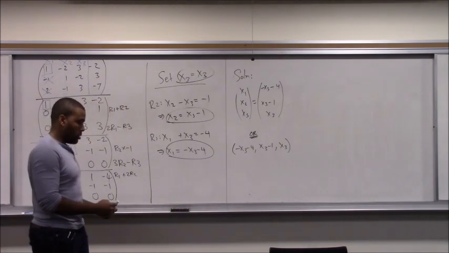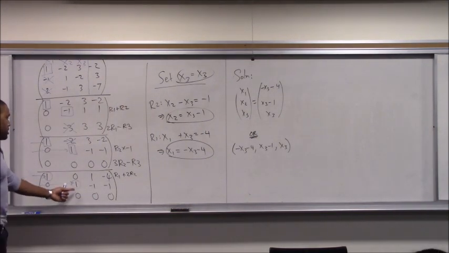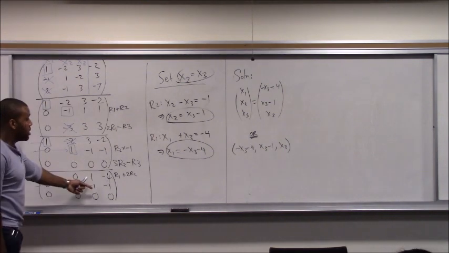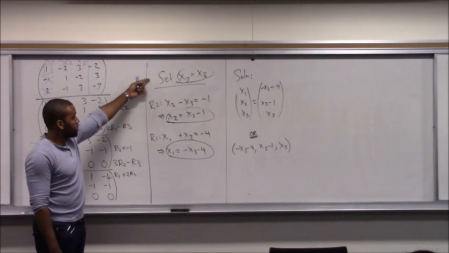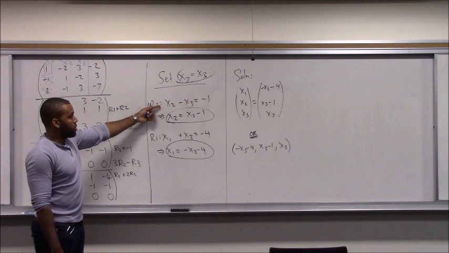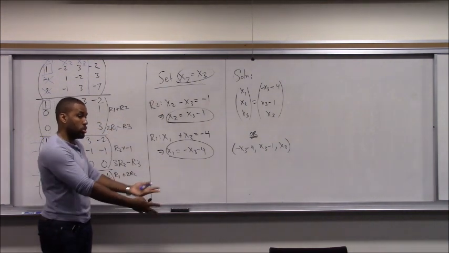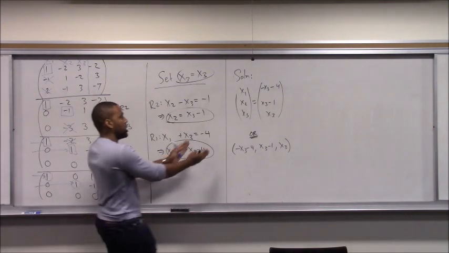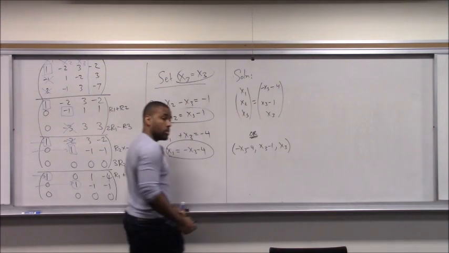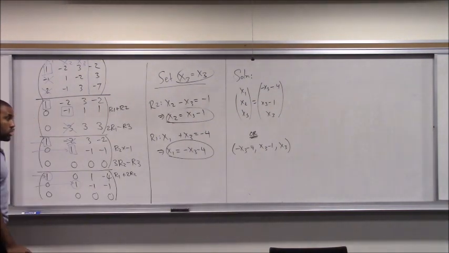So that would be the solution. Identify the variables that don't have pivots, set them equal to themselves. Start from the bottom row, working your way up, solve for every other variable in terms of those variables, and then you just place them in their position in the coordinate. And so that is what this solution looks like.